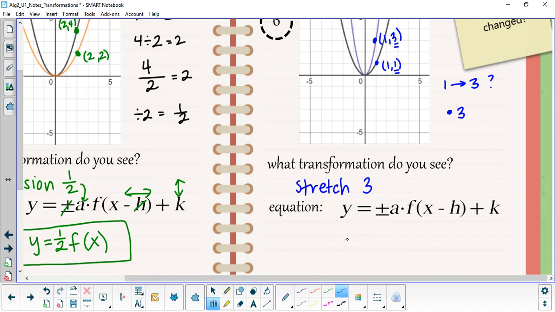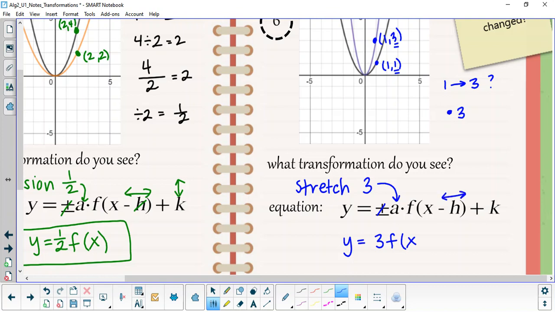So filling in my equation, I have y equals, I don't need the plus or minus because there's no reflection. A, that's my stretch or compression. So 3 fills in for A. And I have my parent graph f of x.